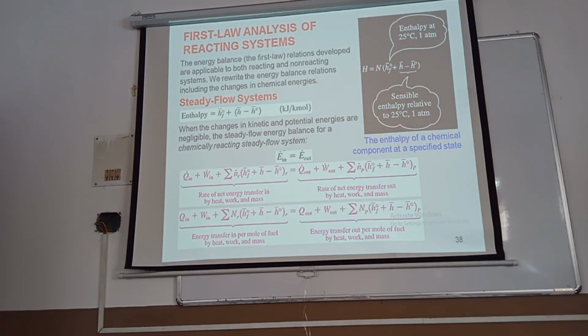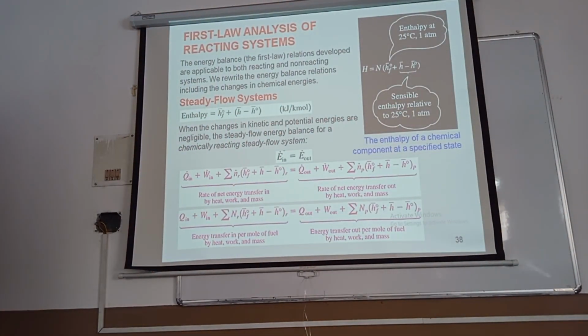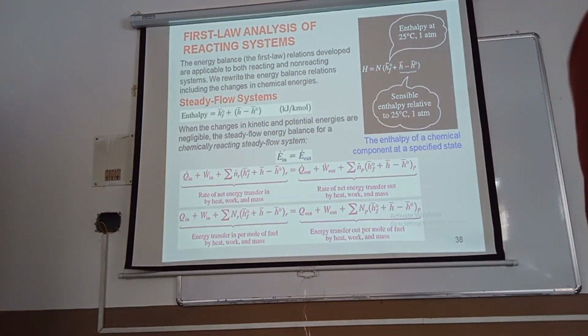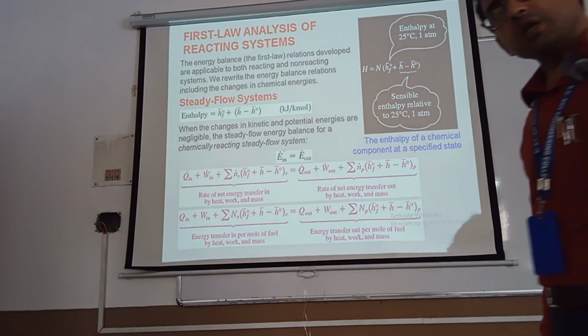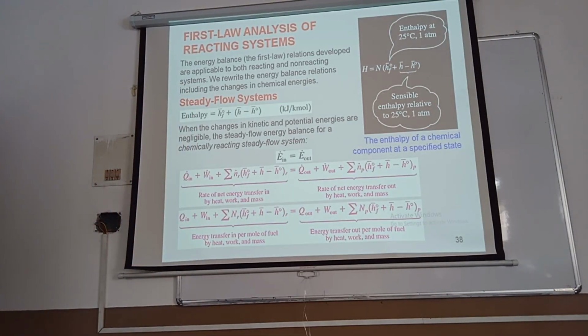We have understood in the last class that there is a concept called enthalpy of formation. What is that? When something is formed, anything, right? Say it may be oxygen, it may be nitrogen, it may be CO2, it may be anything. So whenever something is formed from its stable elements, then we can calculate the enthalpy of formation, right? So that is the idea.